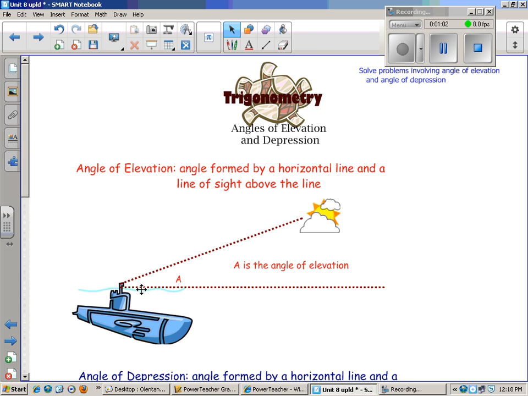And the reason we're learning about it right now is if I draw a line from the sun down, what did I just make? What kind of triangle? A right triangle, which is now our best friend, right? Because we have Pythagorean theorem, we have special right triangles, we have SOHCAHTOA, we have all kinds of stuff we can use to solve for pieces of right triangles. So that's angle of elevation.